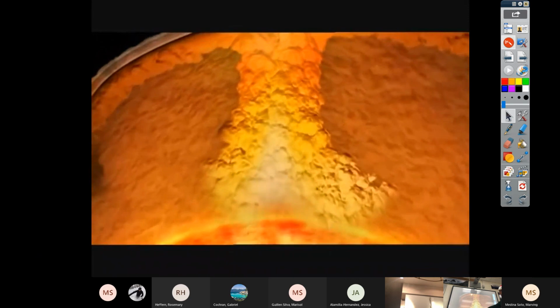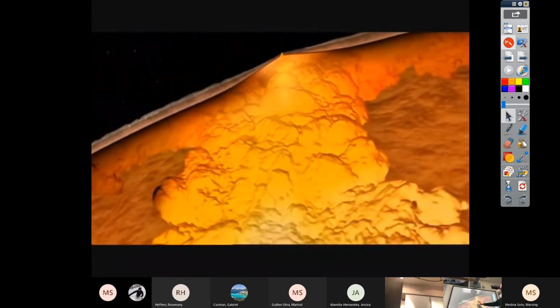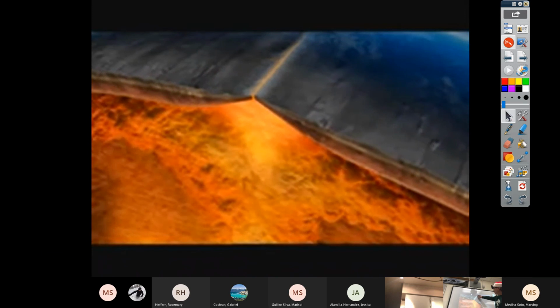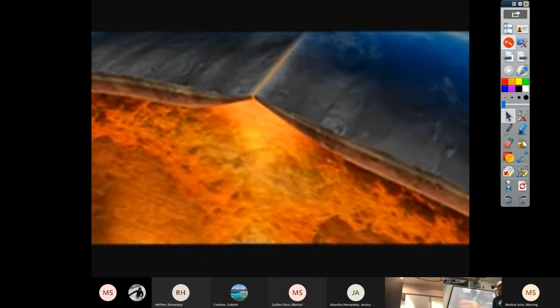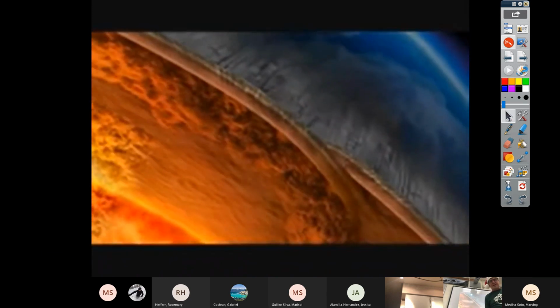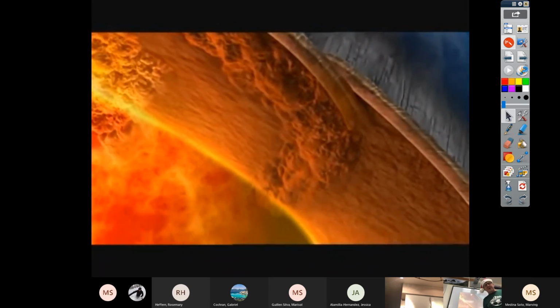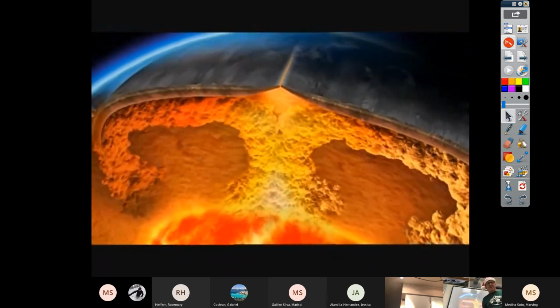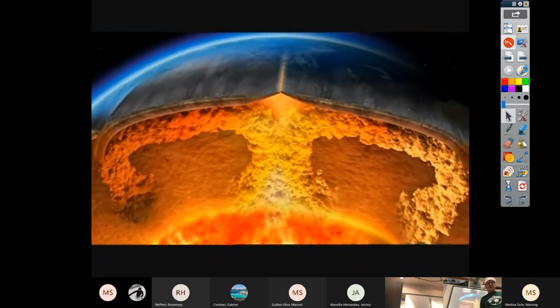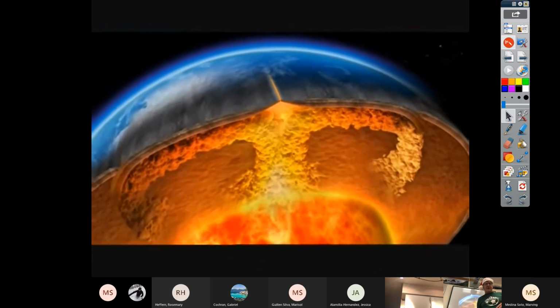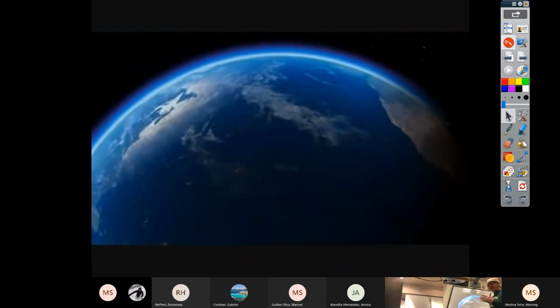We can see the magma heating up and rising. Now this is very slow, but here it is at a spreading center, at a mid-ocean ridge with the Rift Valley at the top. And it's pulling those plates apart, and then one plate is getting pulled down underneath another. And so we have this massive convection current under the crust of the Earth, moving the plates around. That's the big idea right there.